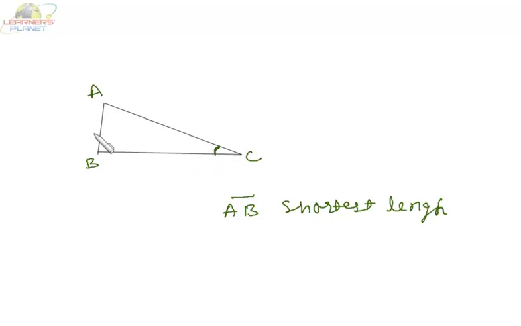Okay, so the side which is biggest, the angle opposite to that will be the biggest. So in this case we can see that the side AC is the biggest, so this angle will be the biggest.